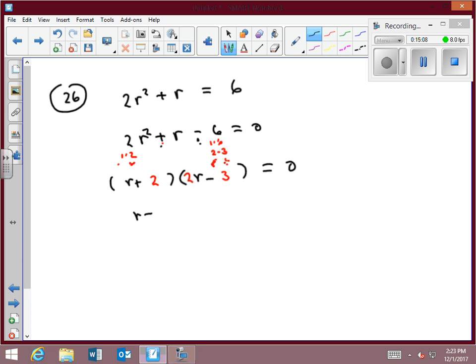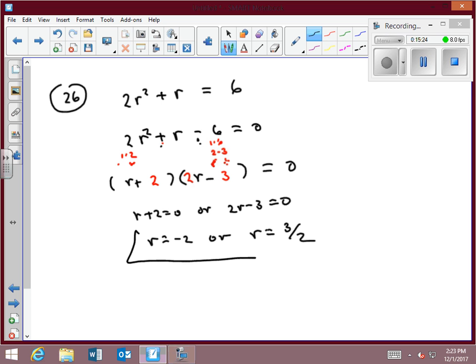So r plus 2 equals 0, or 2r minus 3 equals 0. R then equals minus 2, or r equals a positive 3/2, right? Makes sense?